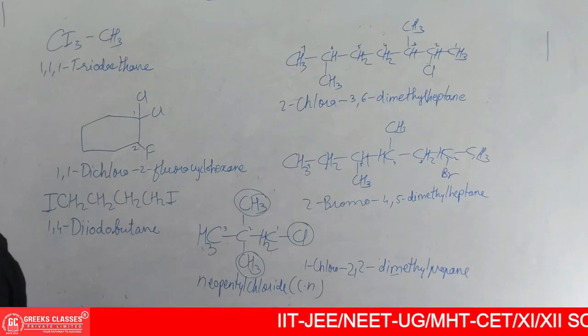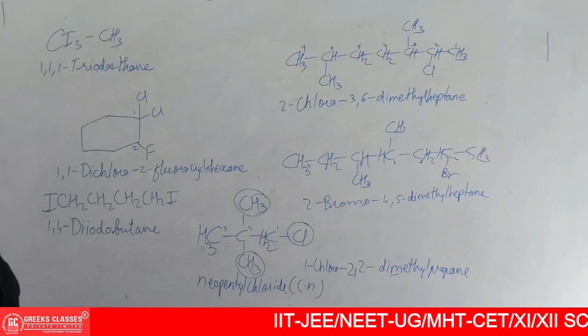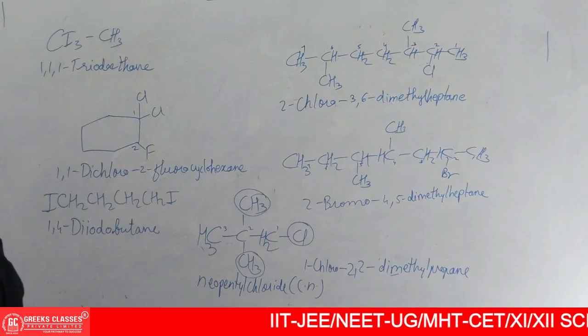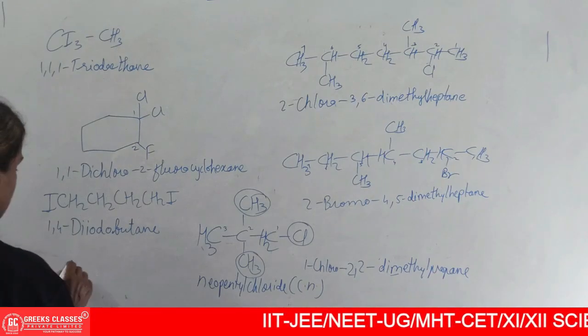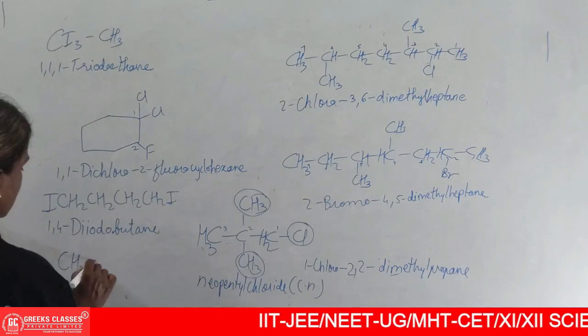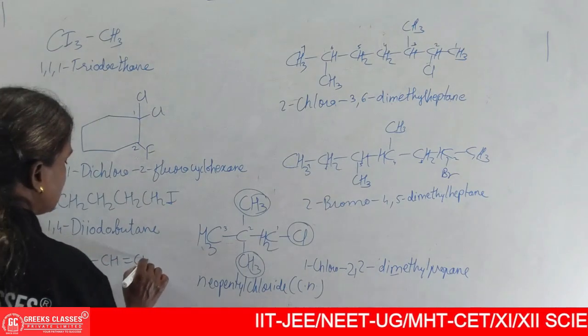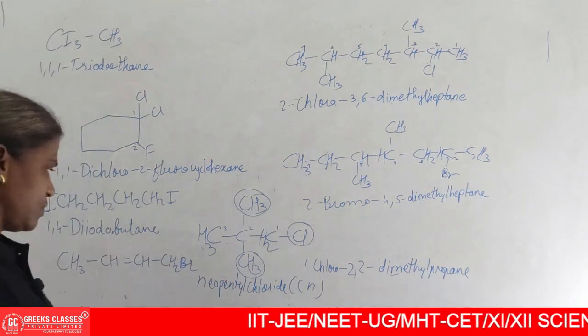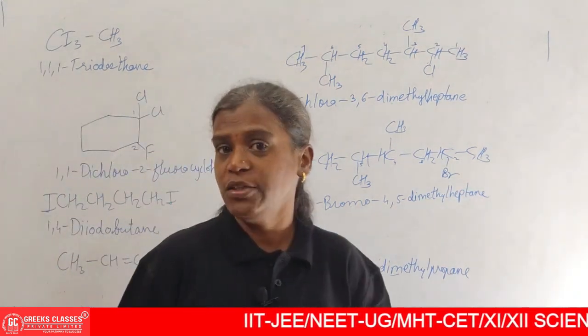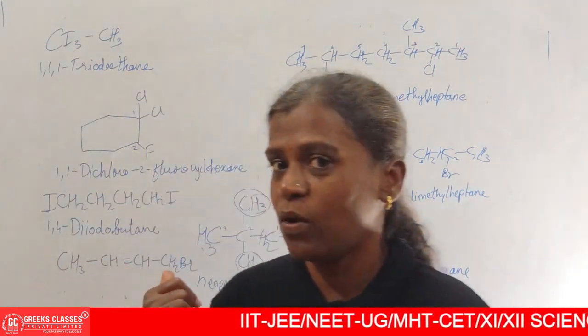Okay, now let us work upon another one. Let's say CH3 CH double bond CH CH2Br. First, tell me which type of haloalkane it is.